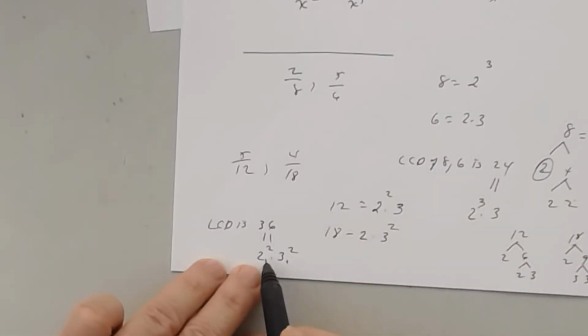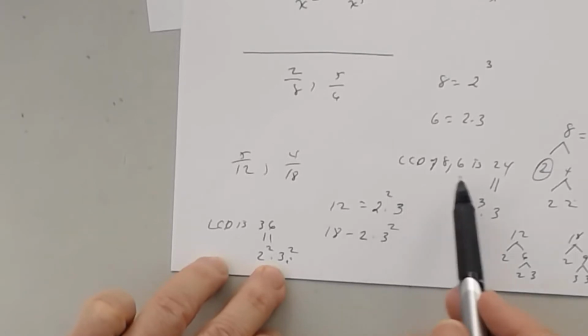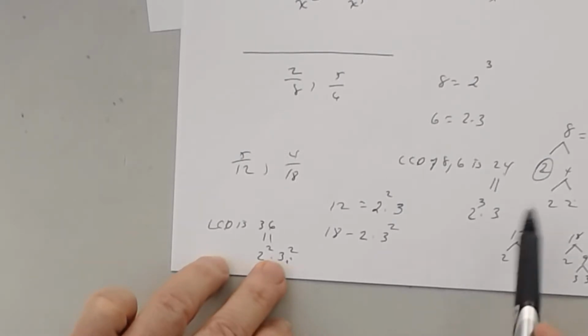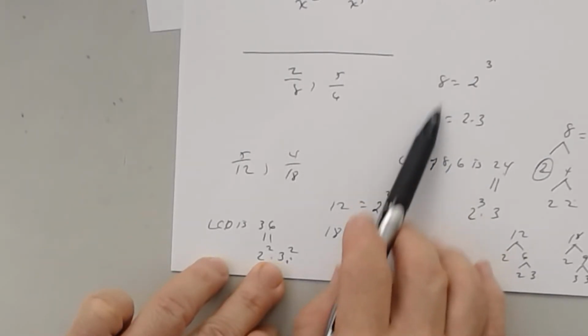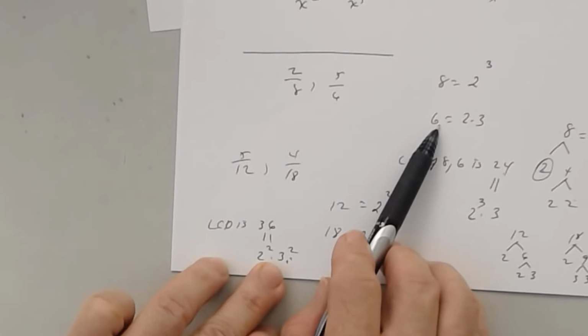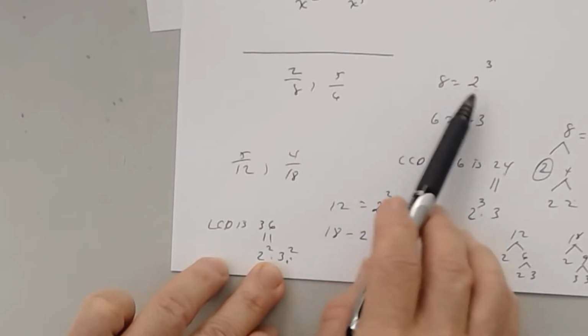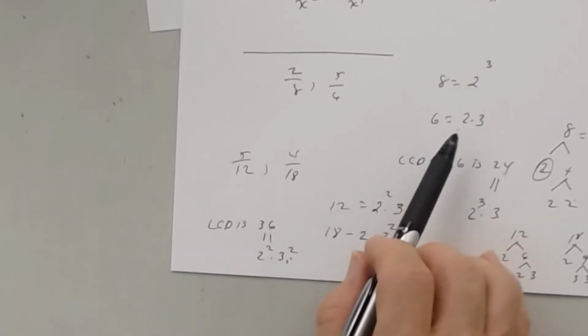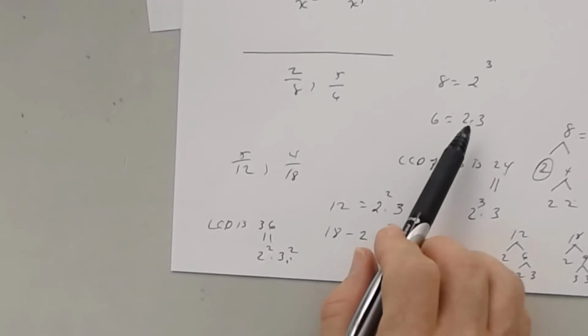So 36 is 2 squared times 3 squared, and then here 24 is 2 cubed times 3. All right, listen carefully to what I'm about to say. When I looked at 8 and 6, look at your factors of 8. So a factor of 8 is 2, and it occurred how many times? 3. Okay? 6, I have a factor of 2.